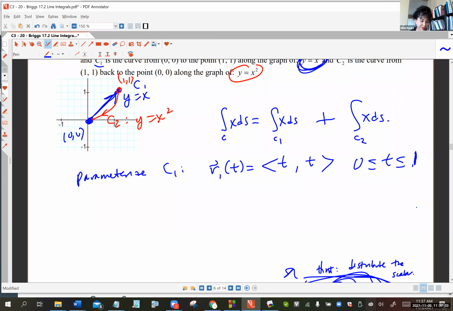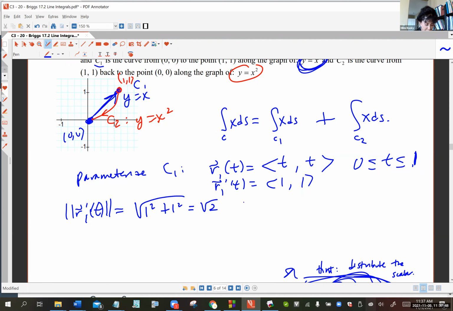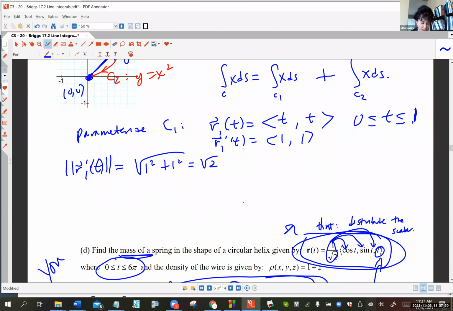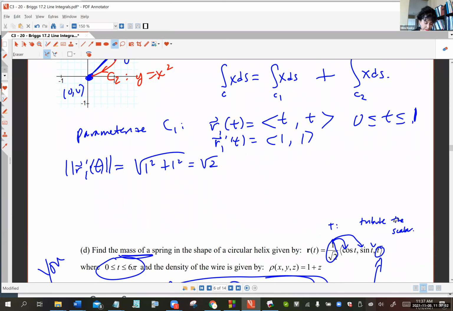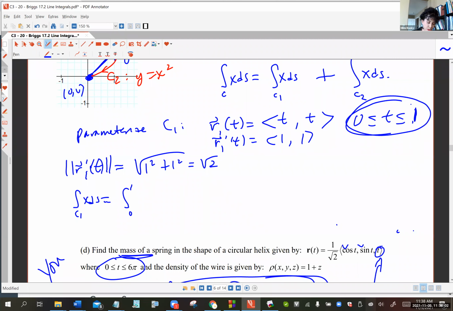Perfect. So now R1 prime is 1, 1, and you need R1 prime because we're going to need the magnitude of the derivative to get our arc length element. And so that's square root of 2. So that's really not too bad. We've got a constant there. So the integral over C1 of x ds is going to be a regular integral going from time 0 to 1.